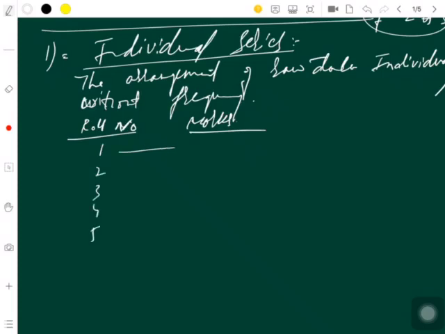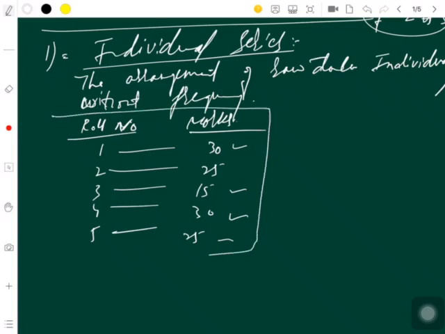Roll number 1 has got 30 marks in economics, roll number 2, 25, roll number 3, 15, roll number 4, 30 and roll number 5, 25. So 30 is repeating for 2 roll numbers here, 25 is repeating for 2 roll numbers, but we are giving each and every roll number individually. It is marks. This type of raw data, which we classified, is on the basis of what?